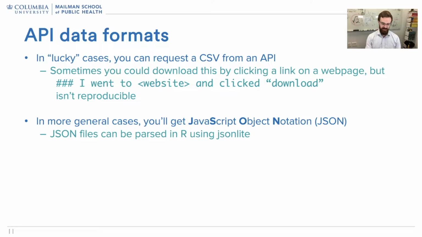In less lucky cases, you might get from an API something called a JavaScript Object Notation, or JSON, file. JSON files are their own structured format. We're not going to spend a huge amount of time talking about this, other than that it gives you a way to store data that are not easily formatted into a data rectangle.